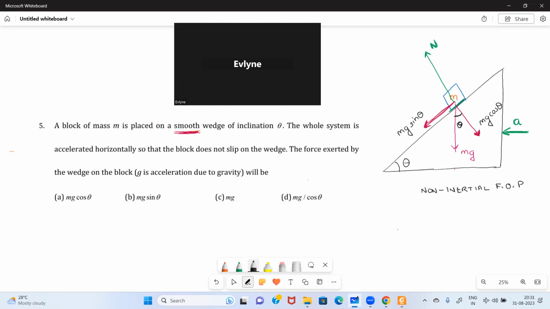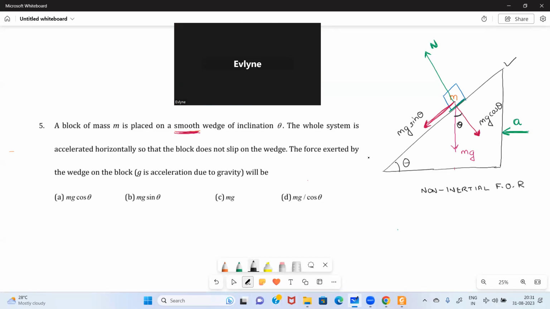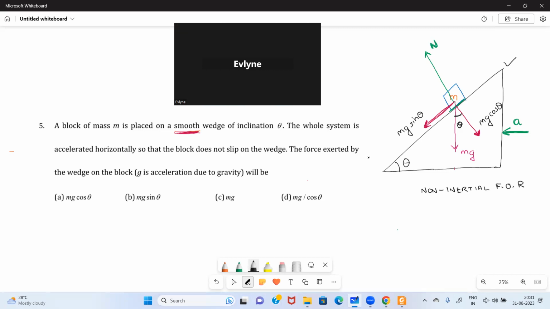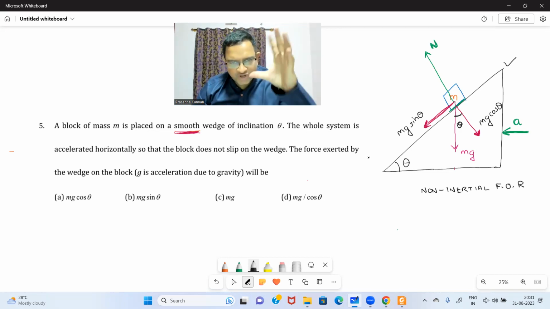Sir, can you explain this again, sir? Yes, Evelyn. So here you have a wedge, right? This is the wedge, and the mass is on the wedge. If there is no acceleration, Evelyn, and the surface is smooth, what do you expect? The body to slide down. The mass to slide down. But if you provide enough acceleration and move it, then the mass can be stationary.